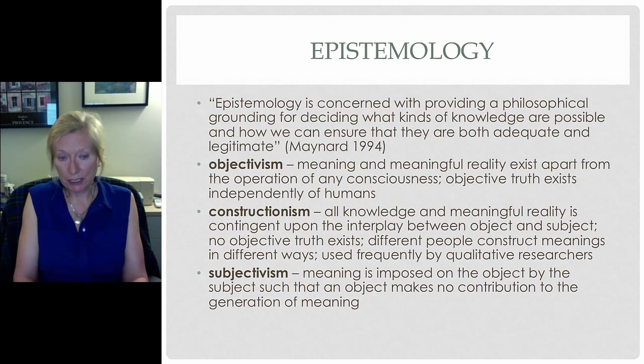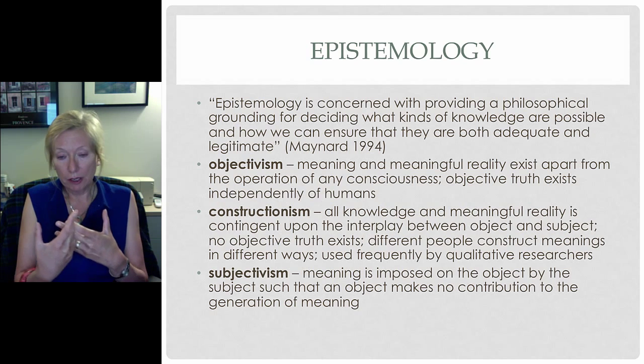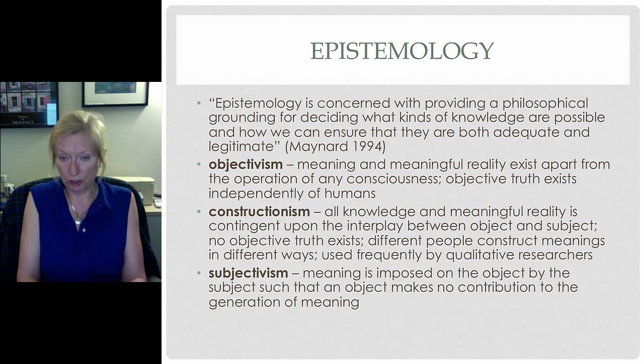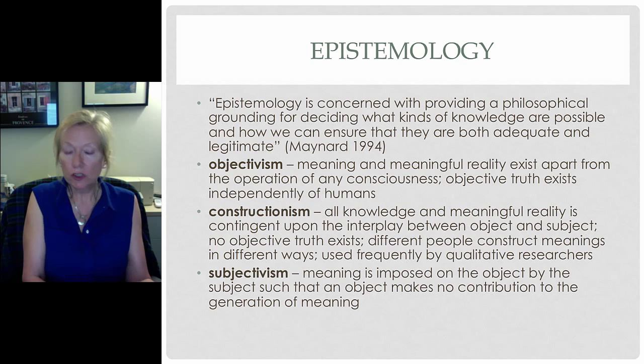And then subjectivism is that an object makes no contribution to the generation of meaning, and that meaning is imposed on the object by the subject. So those are some of the kind of language that, if you're thinking in terms of qualitative research in particular, you should be familiar with some of the epistemology that is surrounding it.